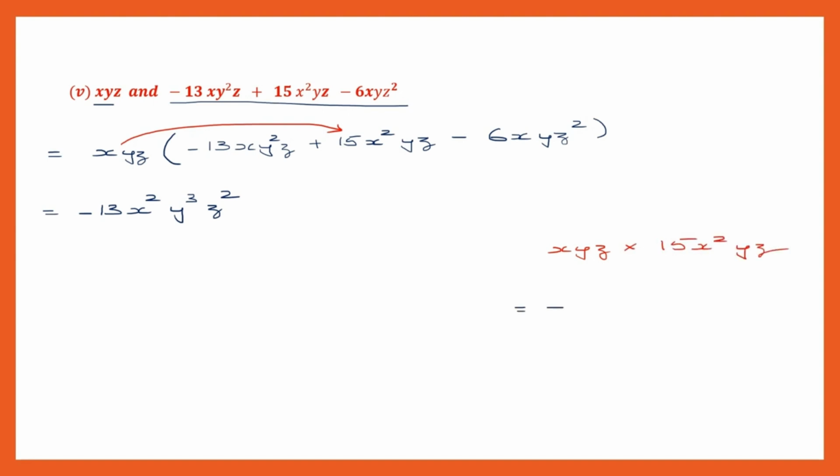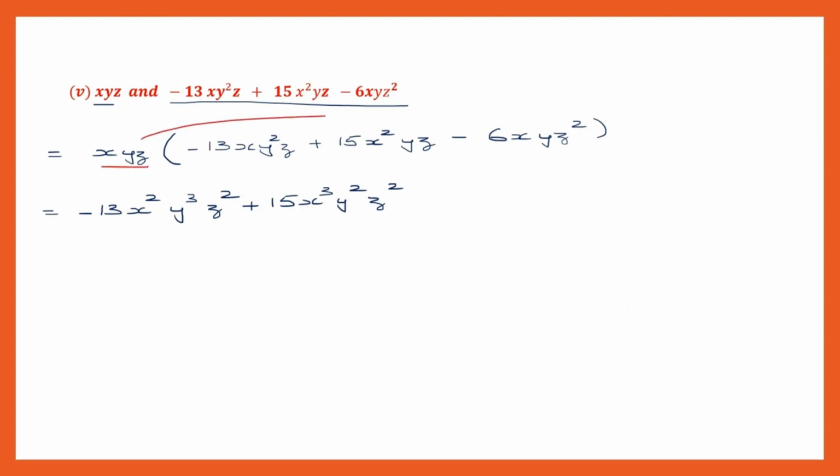Both have a plus sign, it's understood. So it is plus, the number is 15. Let's look at x, x1 here and x2 there. So x to the power of 1 plus 2, 3. Y, 1 here and 1 here. So y to the power of 1 plus 1, 2. Z1 and 1. So z to the power of 1 plus 1, that is 2. So what do we have here? Plus 15 x to the power of 3, y to the power of 2 and z to the power of 2.